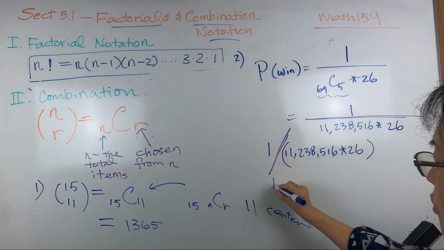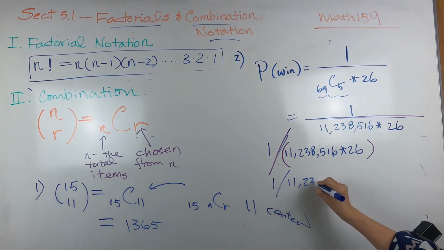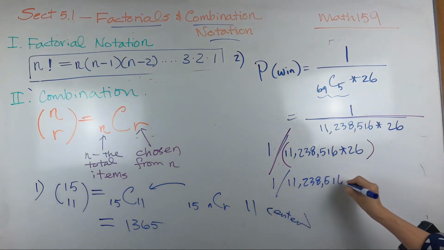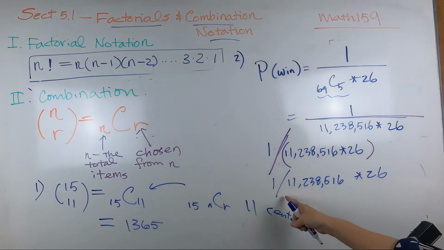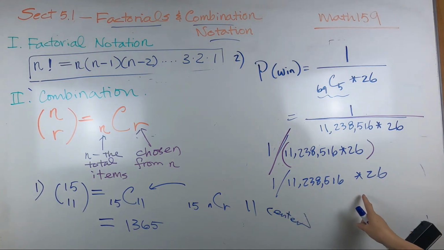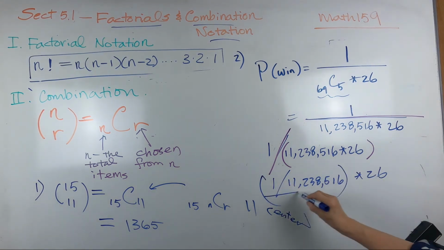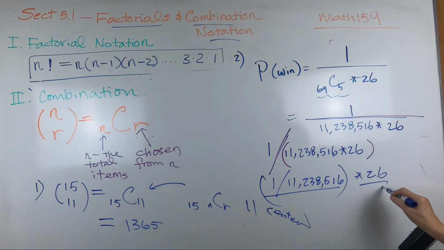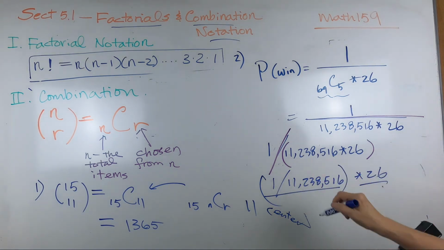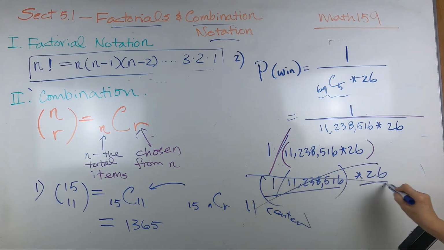If you do 1 divided by 11,238,513 times 26, how will the calculator do it? It follows the order of operations, left to right. It does the division on the left first, then times another one. So you will get a different answer. You cannot do it this way.